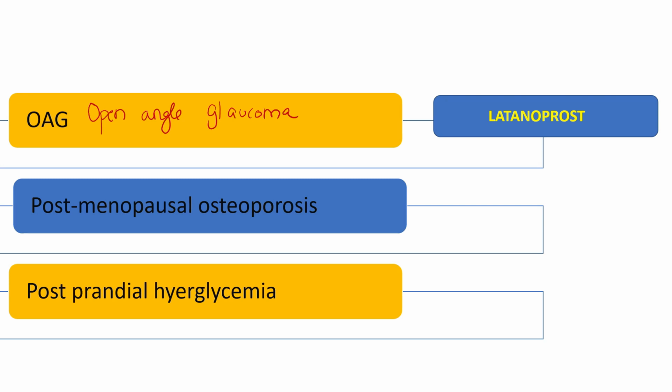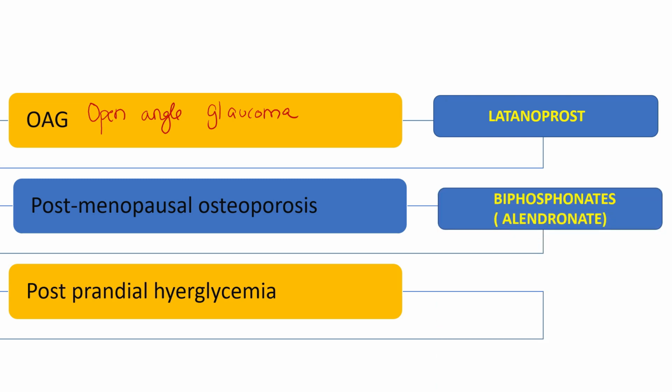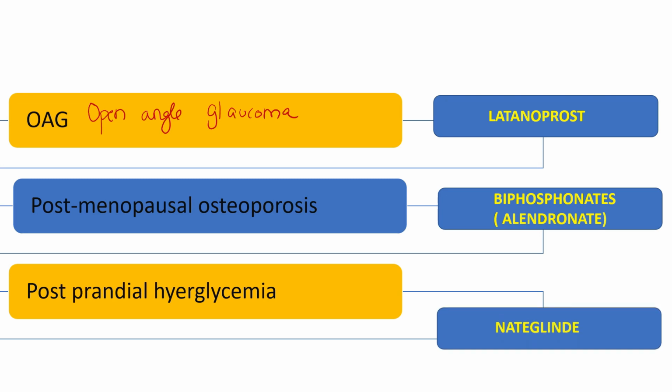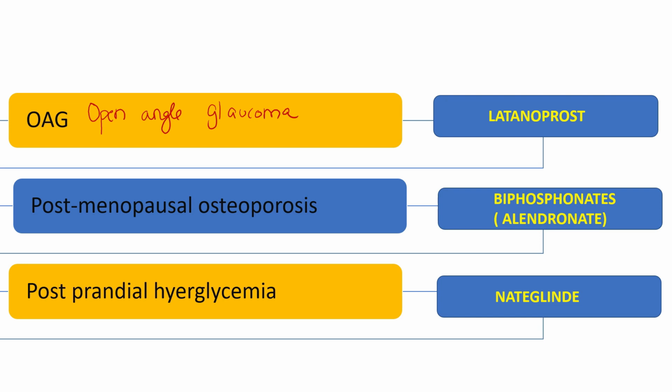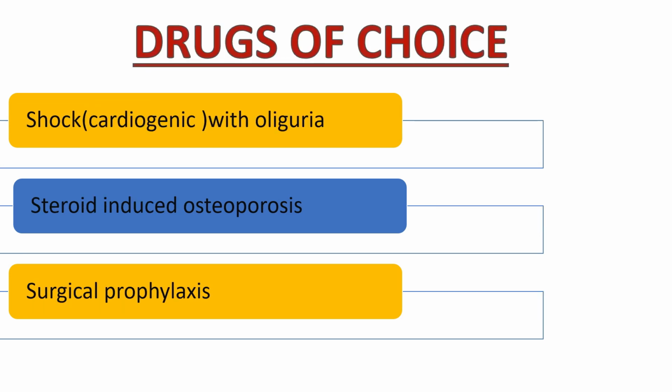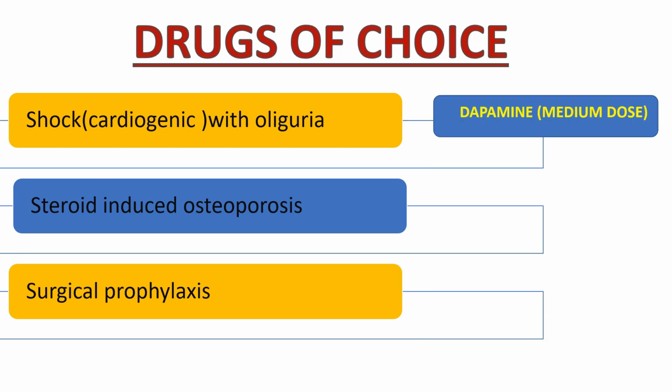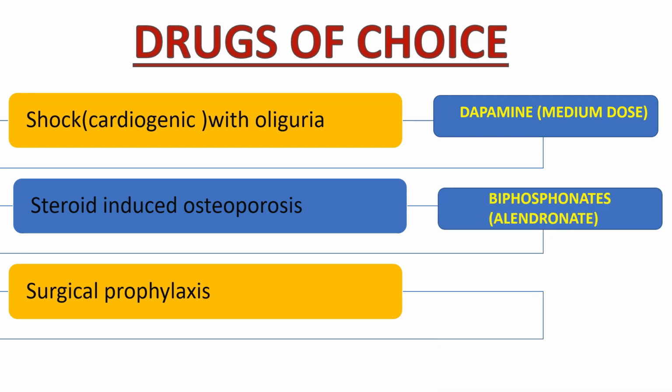For postmenopausal osteoporosis, we can use bisphosphonates, mainly alendronate. For postprandial hyperglycemia, we can use nateglinide. For shock, mainly cardiogenic with oliguria, we can use dopamine in the medium dose only. And for steroid induced osteoporosis, we will use bisphosphonates, that is alendronate.